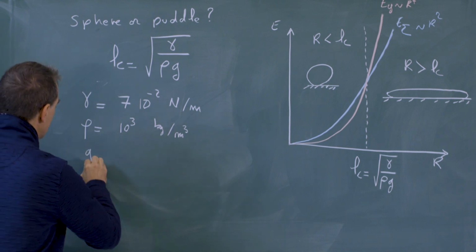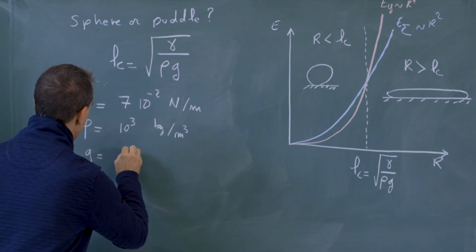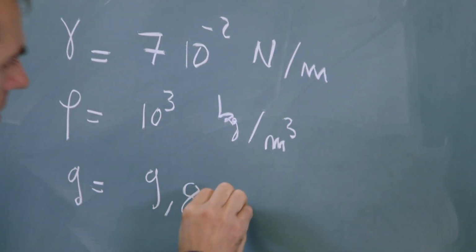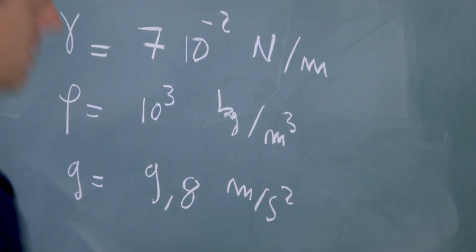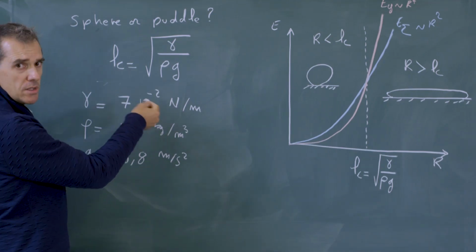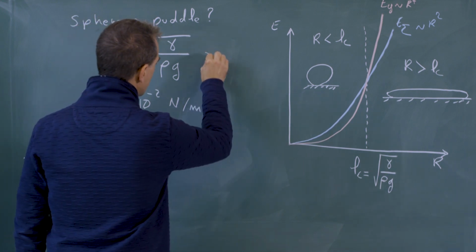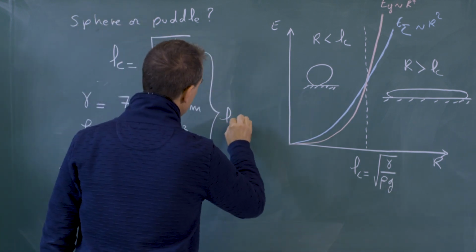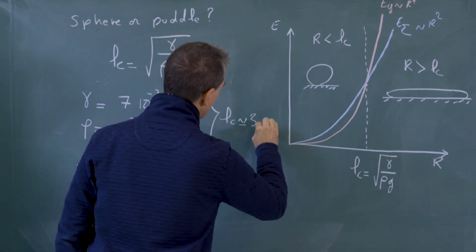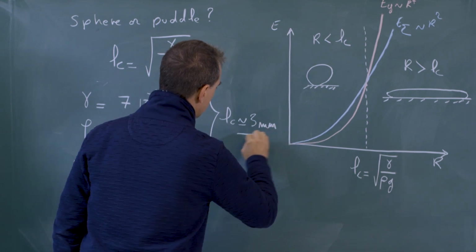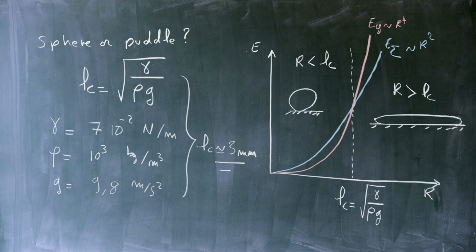And we have gravity, which is of the order of 9.8 meters per second squared. So if you put these values in the capillary length, what you get is that LC is of the order of 3 millimeters. And so the conclusion is that for drop size smaller than 3 millimeters, you will observe spheres, and for drop size larger than 3 millimeters, you will observe puddles.